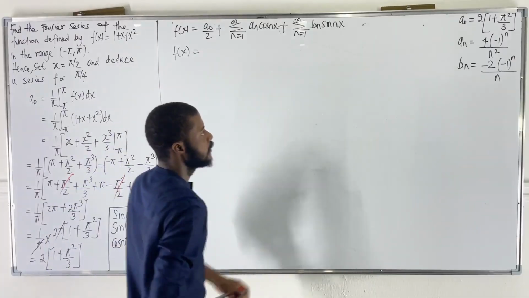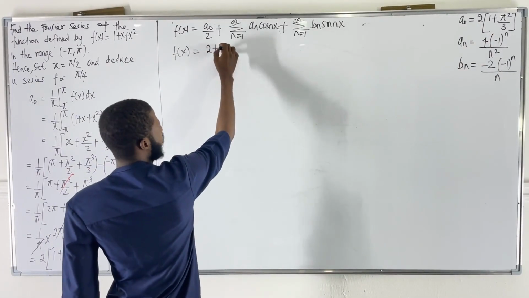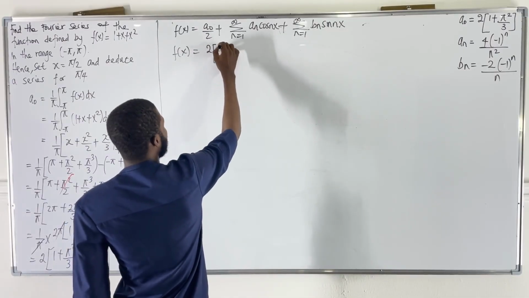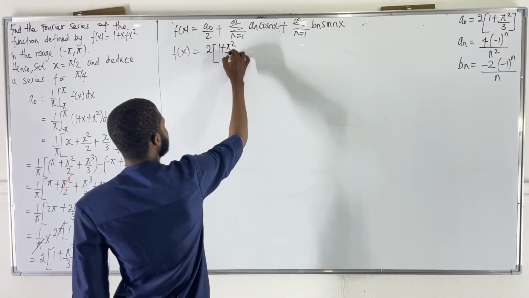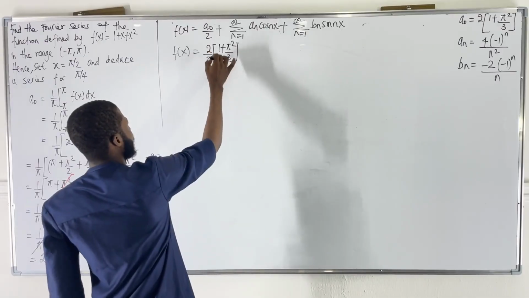Now a naught is 2 bracket 1 plus pi squared over 3. Don't forget that there's an over 2 with the formula, so put that over 2 here.